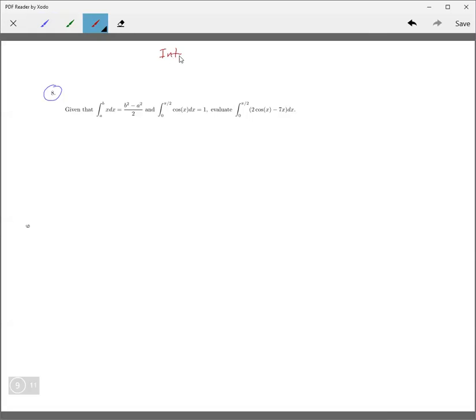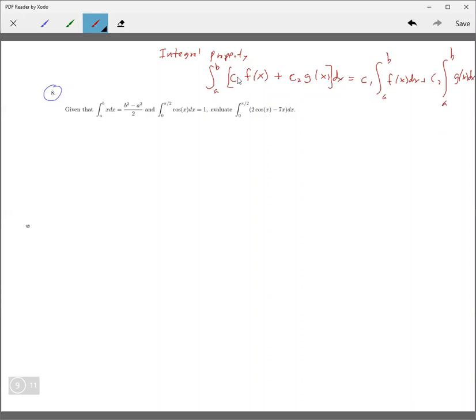Integral property: if you're integrating from a to b, in this case a is 0 and b is pi over 2, and you have a constant times the first function plus another constant times the second function, then this is the same as C1 times the integral from a to b of your first function plus C2 times the integral from a to b of your second function.